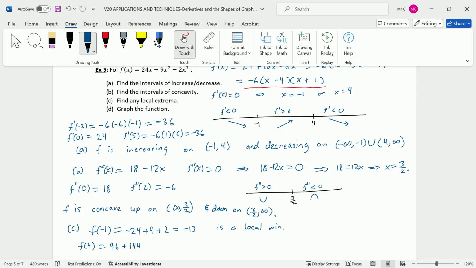Minus 2 times 64. So let's see, 2 times 64, 128. So minus 128. Okay, and what does that leave us with? That should be 112.